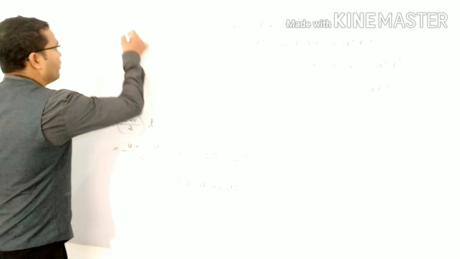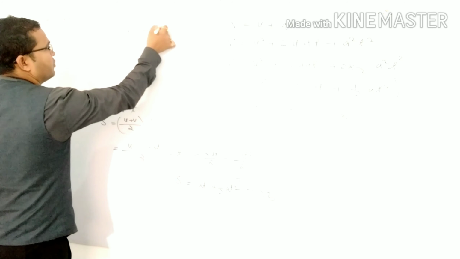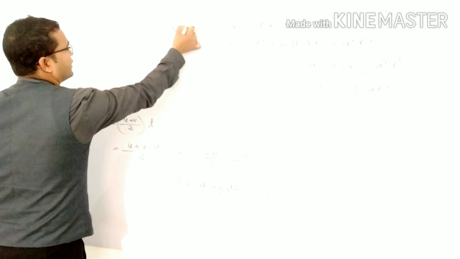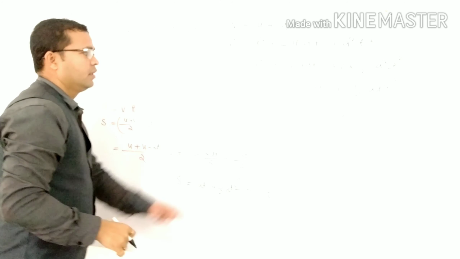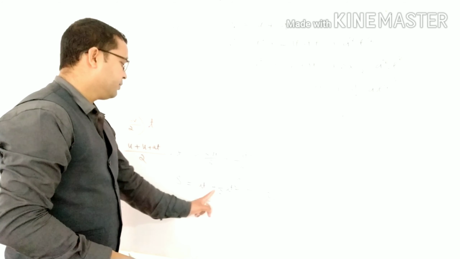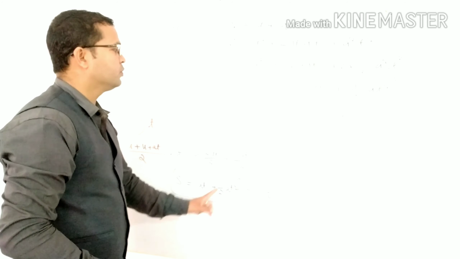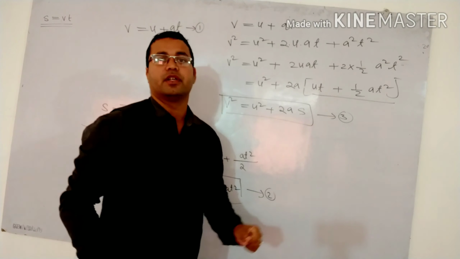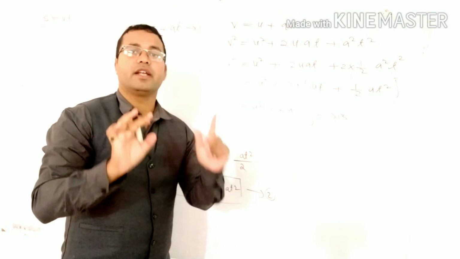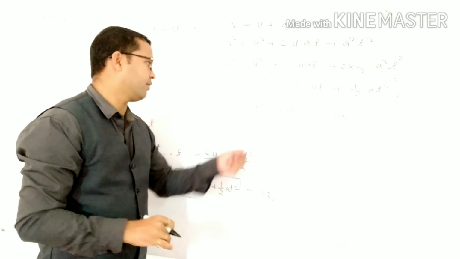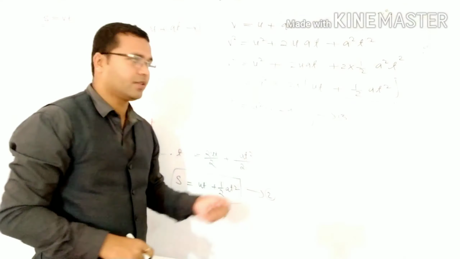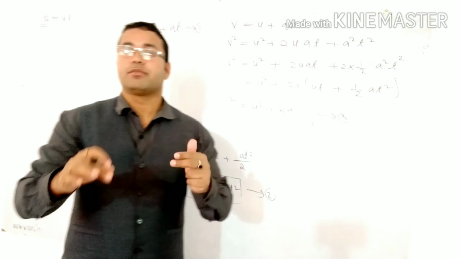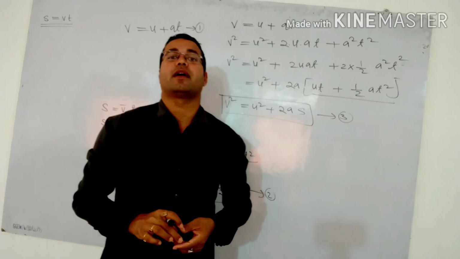One is v is equal to u plus at, this is number 1. s is equal to ut plus half of at square, this is number 2. v square is equal to u square plus twice as, this is number 3. And in non-uniform motion, in every formula we have the acceleration term, because velocity is changing with time.